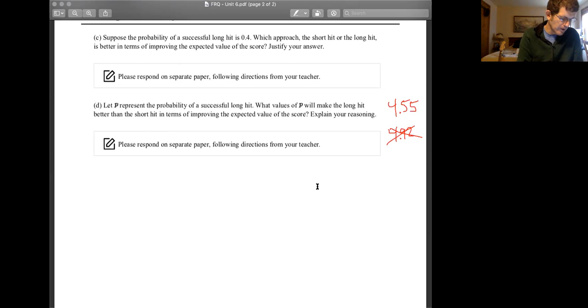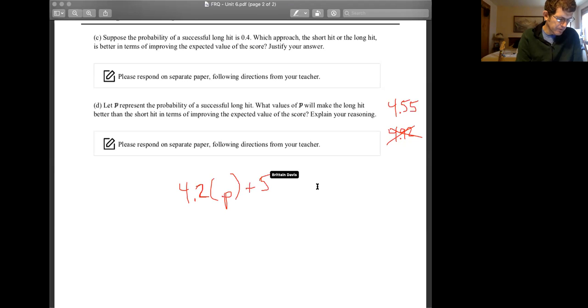So we already set up the equation once, 4.2, but instead of using 40% as my probability, I'm just going to use P. What's the probability of making it? And I know that this is my probability of making it because 4.2 is the better outcome.